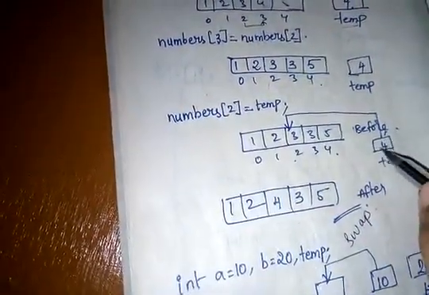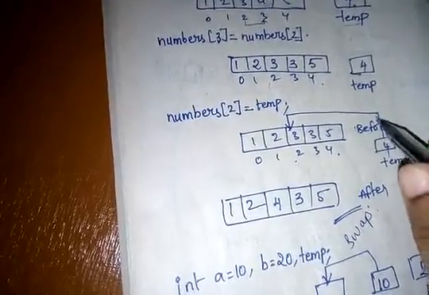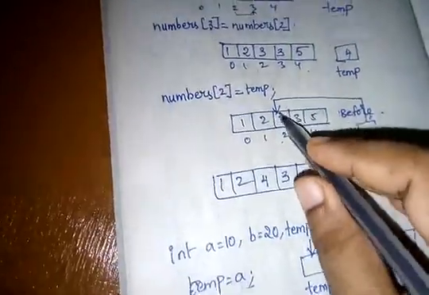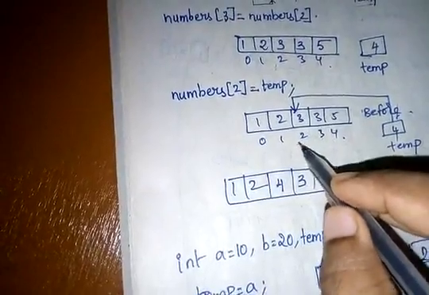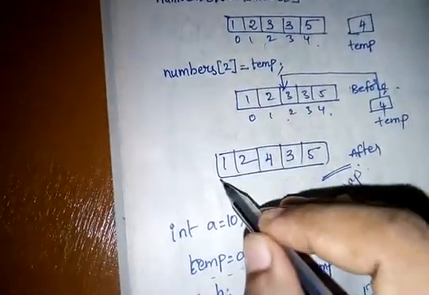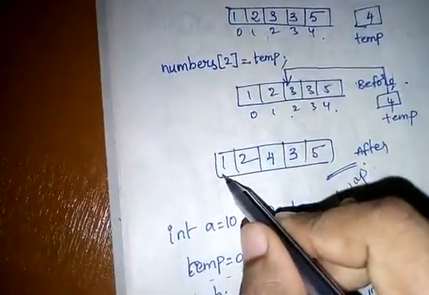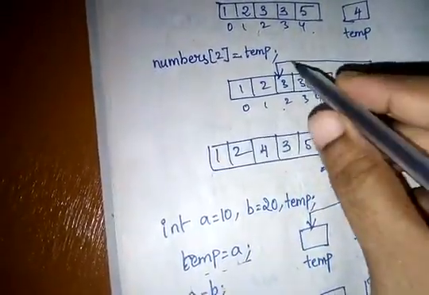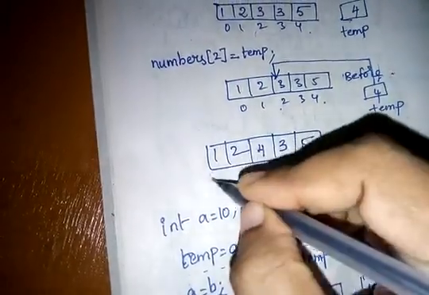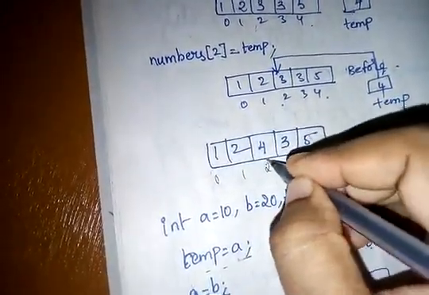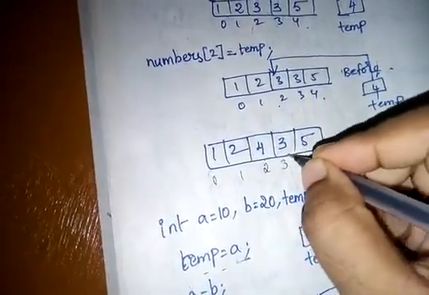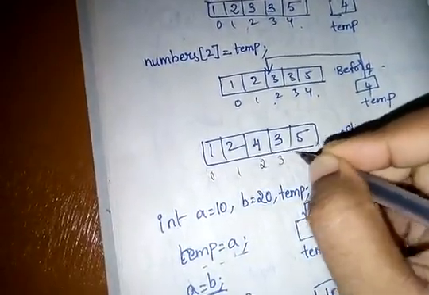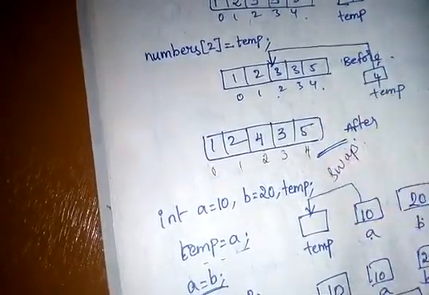So this 4 which we have stored in the temporary variable will be copied to the array at index 2. So at index 2 you will get the value 4, at index 3 you will get the value 3, and at last the 5 will be copied as it is.